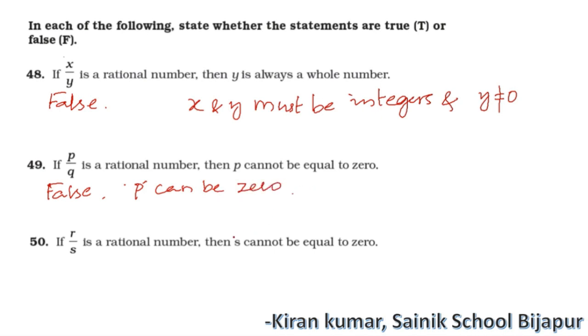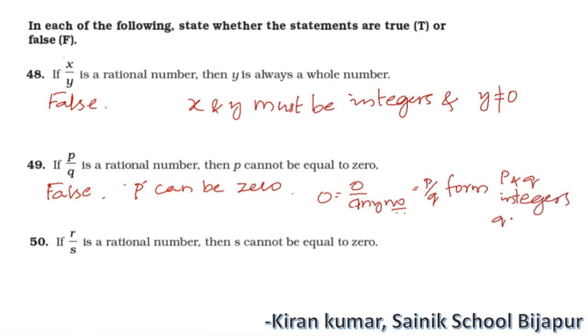Only q should not be equal to 0, p can be equal to 0, because 0 is the same as 0 by any number. It is in the form of p by q, with p and q integers, and q is not equal to 0.